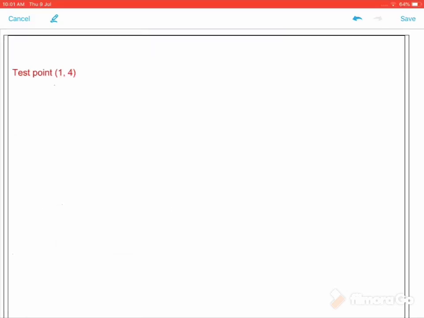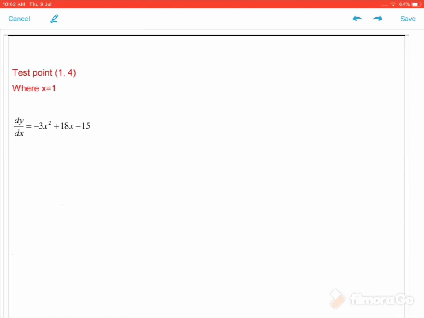The next step, we test the point (1, 4), where x is equal to 1. We have to test whether it's a maximum or minimum. Just now we already got dy/dx.